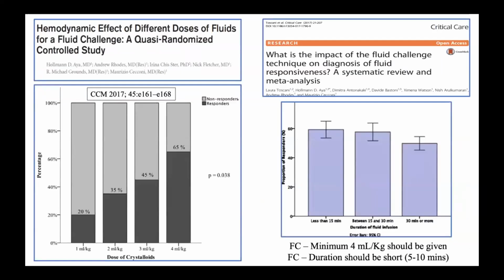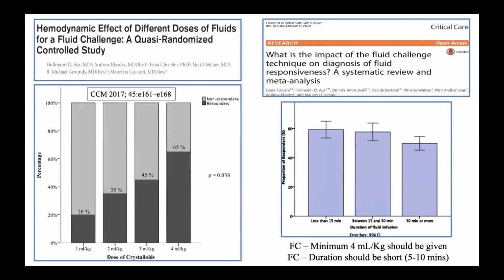So, if at all we have to do fluid therapy, you need to decide how much fluid to give. This interesting study by Aya et al. looked at different doses of fluids for a fluid challenge, and they found that a minimum of 4 ml per kg fluid is required to get a good response from the fluid responders for a successful fluid challenge.